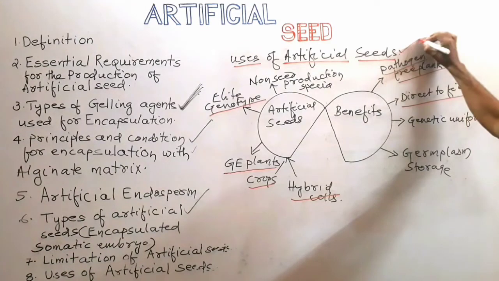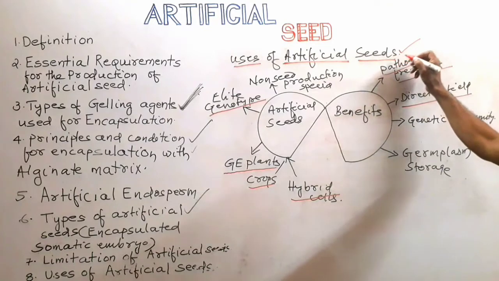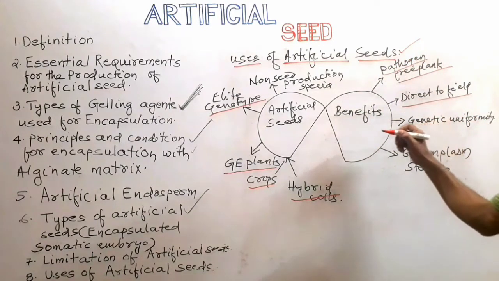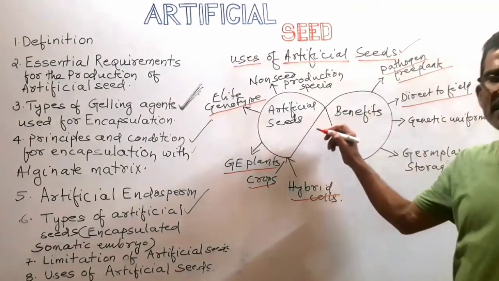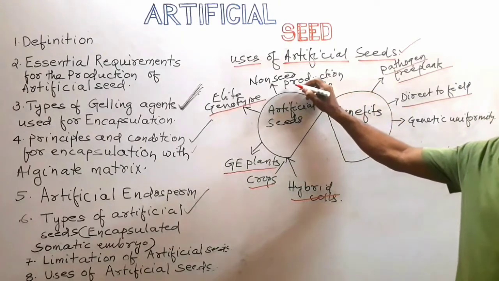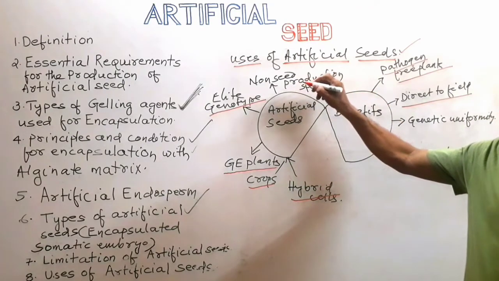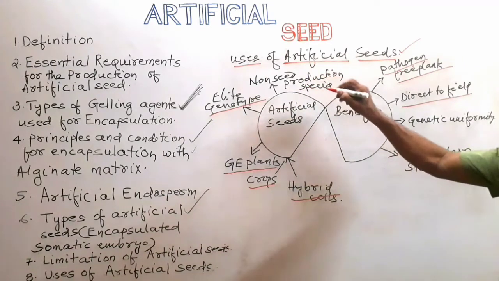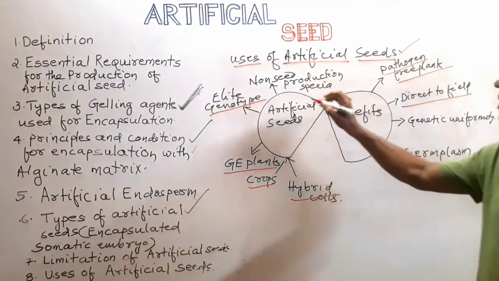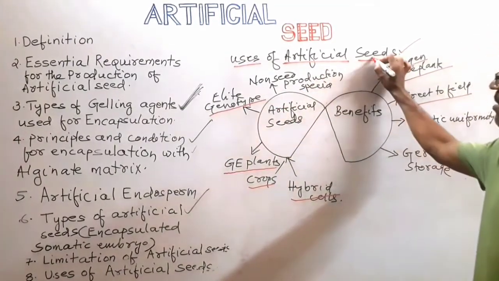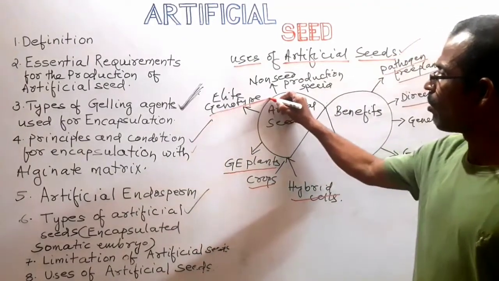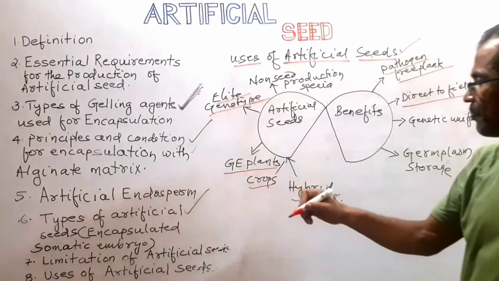Uses of artificial seeds. Artificial seeds have several uses. First use is artificial seed production is an essential technique for the proliferation of species which are not able to produce seeds. For example, seedless grape and seedless watermelon. Second use is artificial seeds are also useful for mass propagation of elite genotypes.